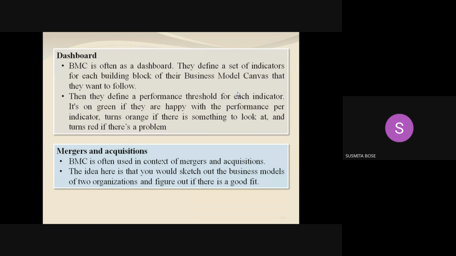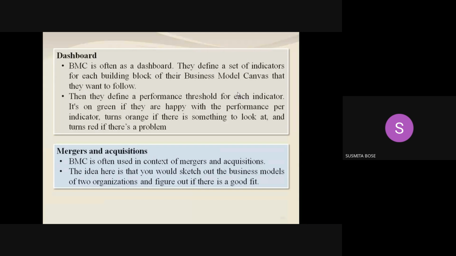It's green if they are happy, like they have achieved whatever they have planned. Then it turns orange if there is something to look at, not satisfactory, and turns red if there is a problem.